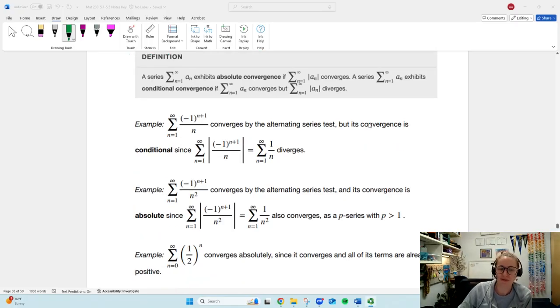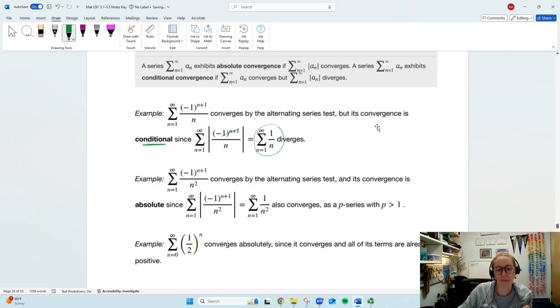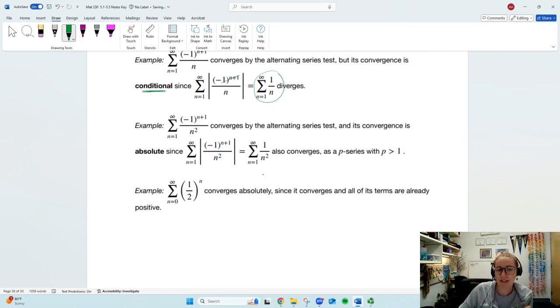So for example, when I take my absolute value of this, my alternating part goes away, and this thing diverges. So this is only conditional. This has conditional convergence. It depends on this -1 to the n power being in there. But if I look at still taking my absolute value of that, so 1 over n squared, this also converges.